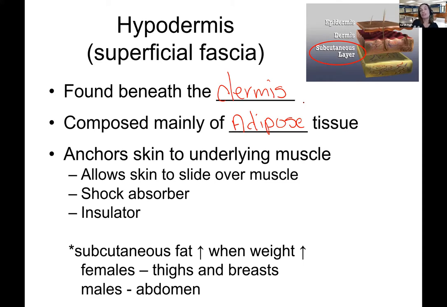So typically when you gain weight, if you eat more calories than you burn throughout the day, your body's going to store it as fat. And typically you're going to store it as subcutaneous fat. Your book says that it depends on males and females as to where you put that fat. It says in females, typically thighs and breasts. In males, they kind of get that spare tire in the abdomen going on.